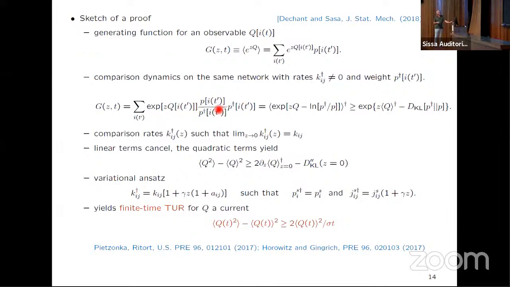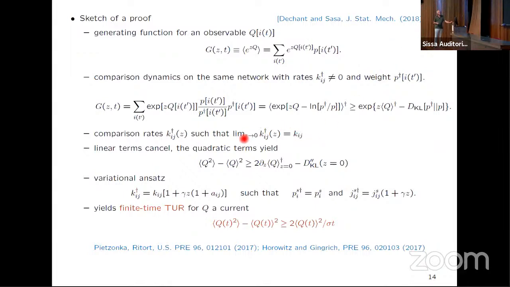So this is an identity, and then you use essentially Jensen, and you find that this generating function can be bounded by this expression, which involves the Kullback-Leibler distance between the two distributions. P is the original one, P dagger is the auxiliary one. And now you have to choose this auxiliary one in a smart way.